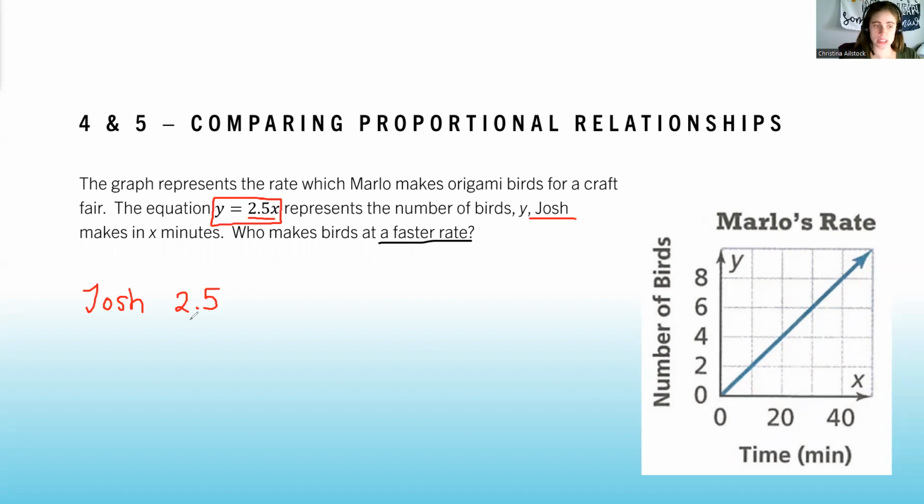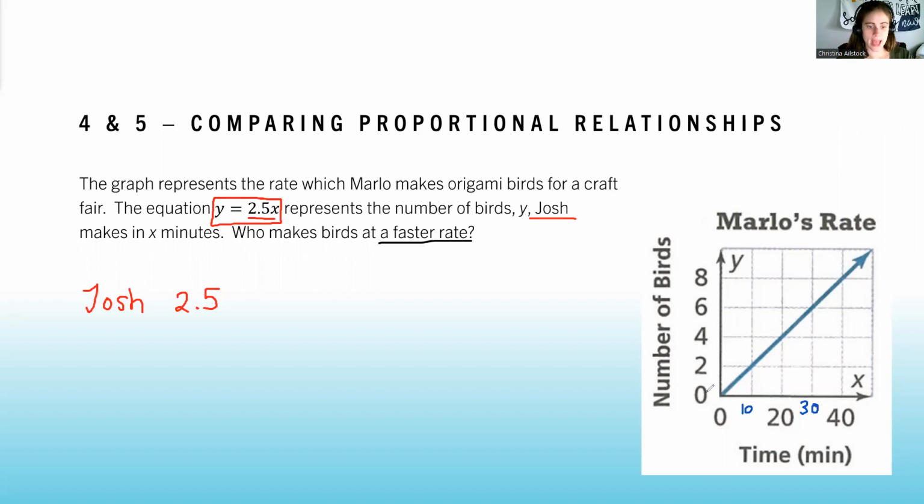So that's what Josh's is. For Marlowe, we have a graph, so we are going to need to calculate it. In this case, our graph's x-axis, which is horizontal down below, is skipping lines. So it really is counting by tens. So always be careful of that.